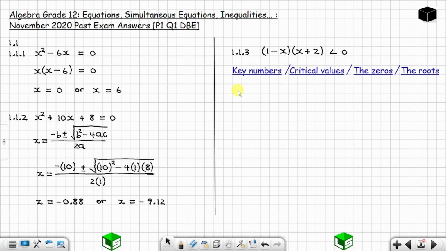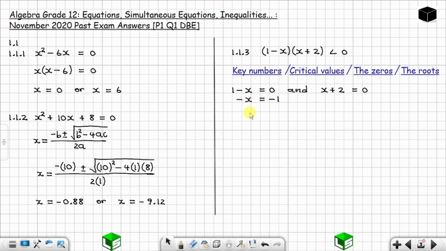So the first bracket is 1 minus x. You make it equal to 0, and you solve for x. And you take the second bracket, which is x plus 2. You also make it equal to 0, and you solve for x. Let's solve for x here. So you have negative x is equal to, you take 1 to the other side, it becomes negative 1.